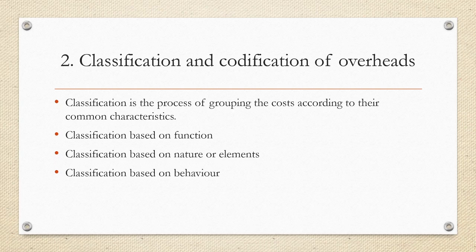There are different bases of classification. So classification based on function, classification of overheads based on nature or elements, or classification based on behavior. So the different ways in which classification can be made, or the methods of classification, are the function wise classification, the element wise classification, and the behavior wise classification.